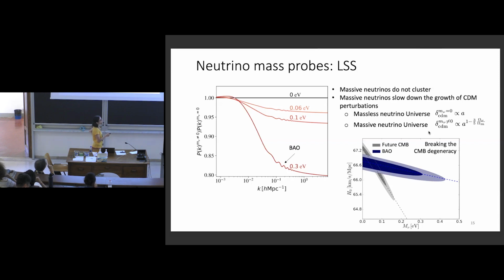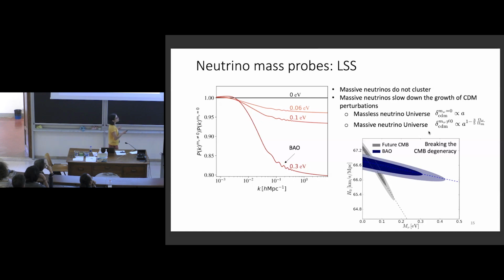And we see that the more massive the neutrinos are, the more they suppress the matter power spectrum. And the effect is actually twofold. On the one hand, neutrinos do not cluster themselves, and this accounts for basically only 20% of the total suppression. But the majority of this suppression is due to the fact that neutrinos slow down the clustering of cold dark matter perturbations.